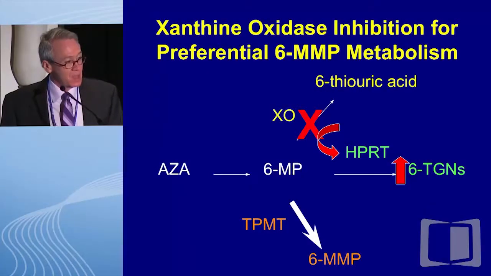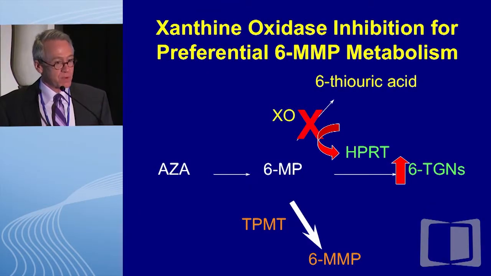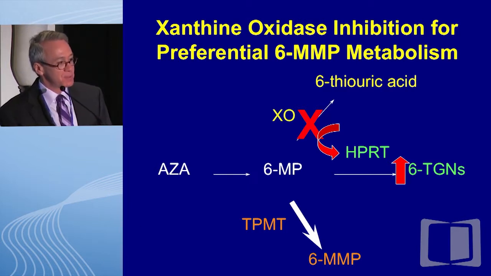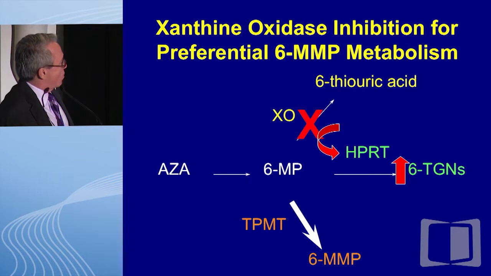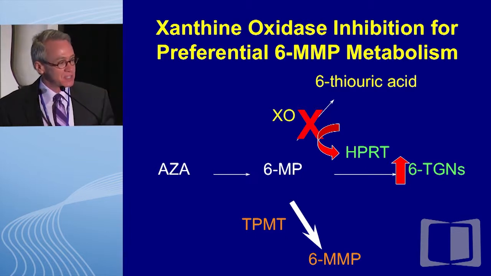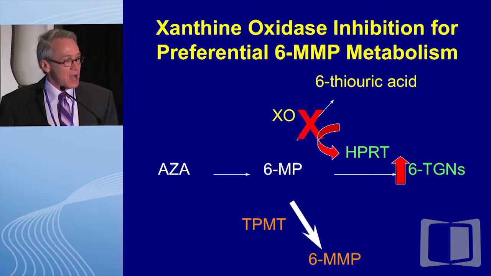In someone who's an anti-TNF failure, can you add azathioprine 6-MP? Well, we know from work of Marla and others that 6-MP is metabolized down several pathways. What we're looking for as the therapeutic moiety is the 6-TGN levels.